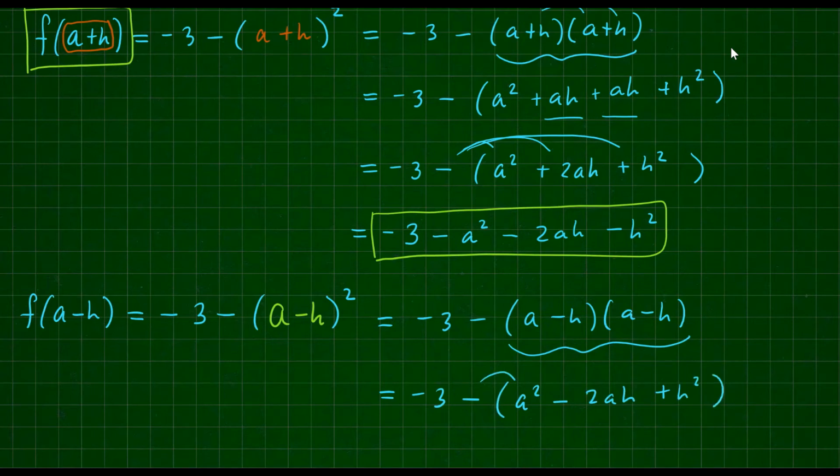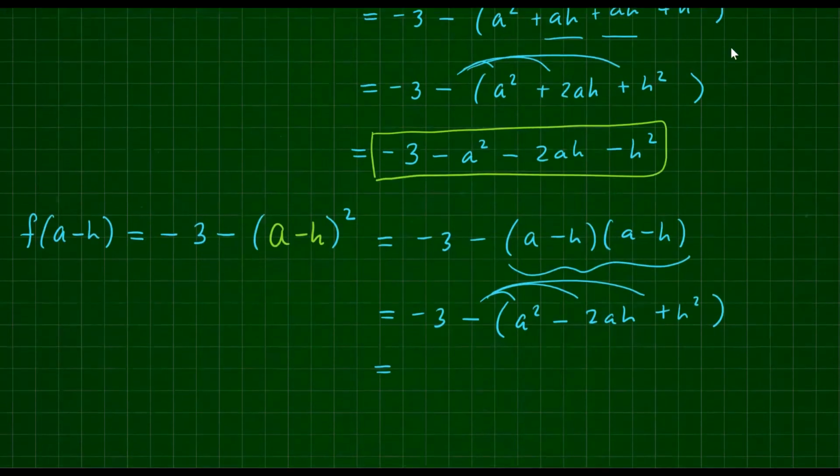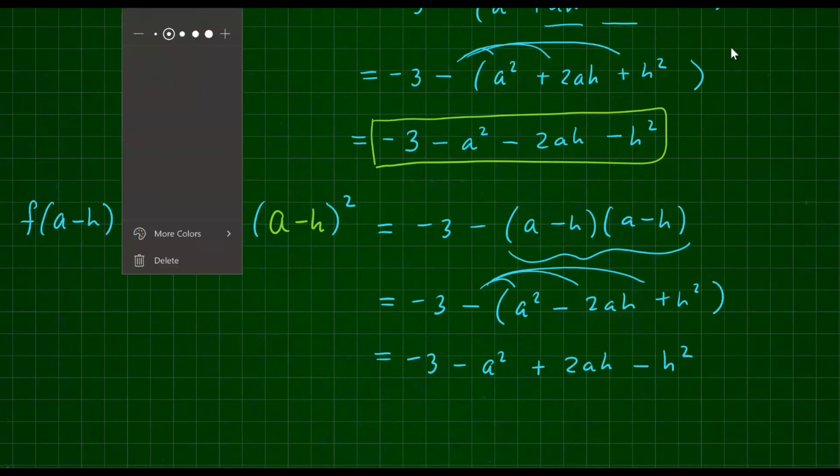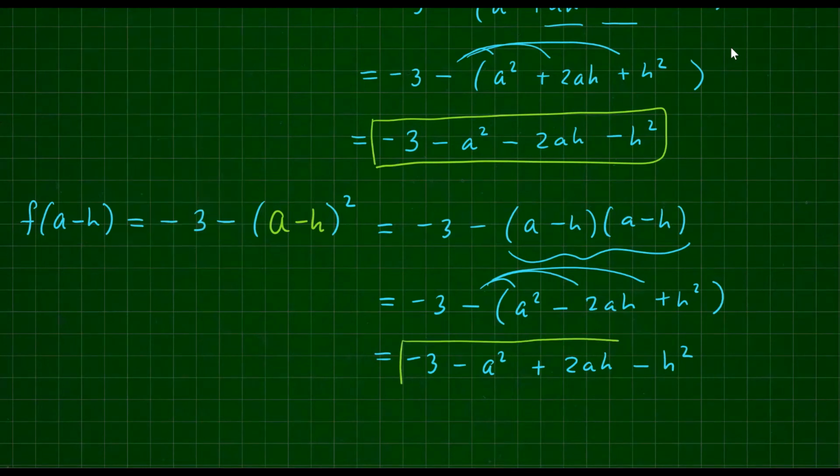And then we distribute the negative out. That would give us -3 minus a squared plus 2ah minus h squared. So there we have it. This is our expression for f of a minus h.